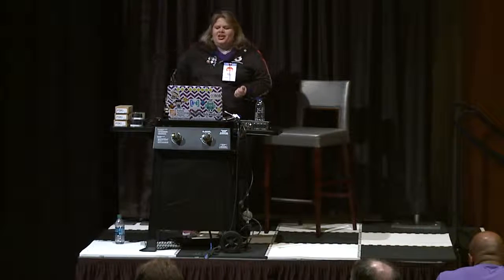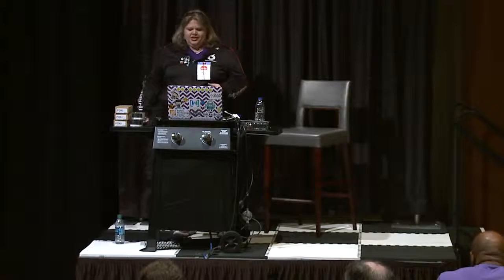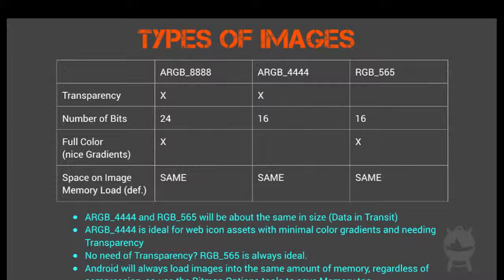So you get full color, you get all the nice gradients that you don't get in ARGB 4444, but it gives you all the same things that you would expect in a JPEG image. You just haven't even gone to the lossy compression at this point. So if I asked you what to use on a certain thing, you now have a table that you can take to your UI UX guys and say, hey, look at this. Which one is it?